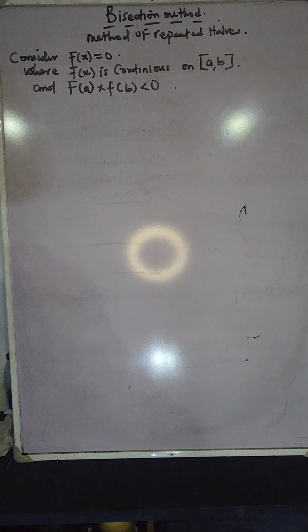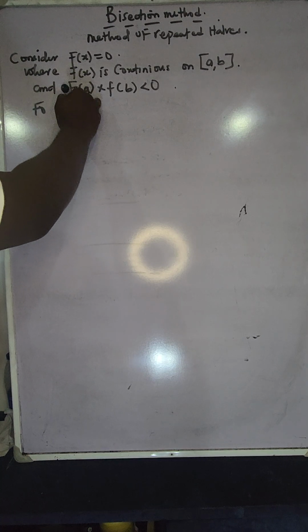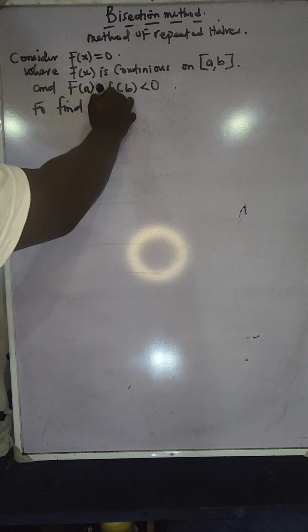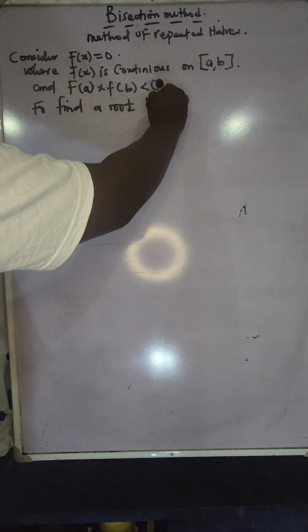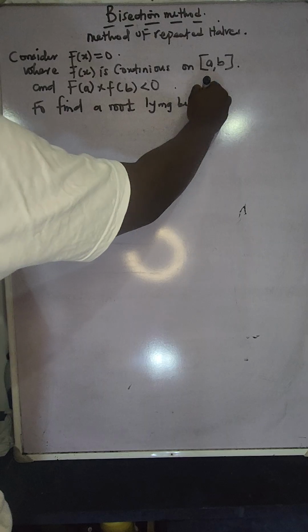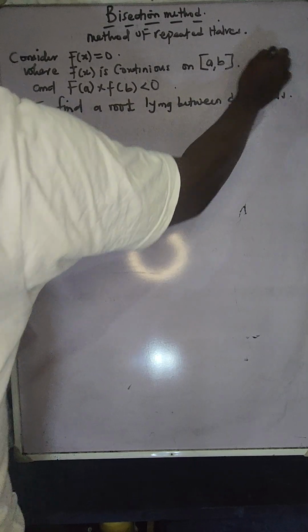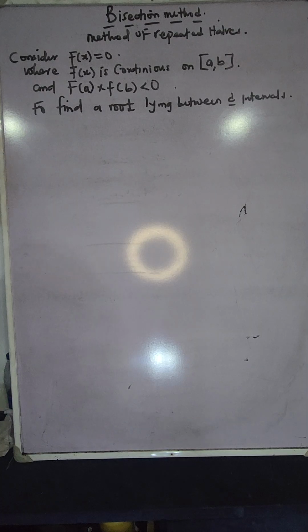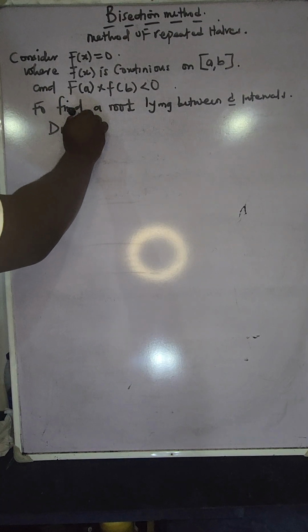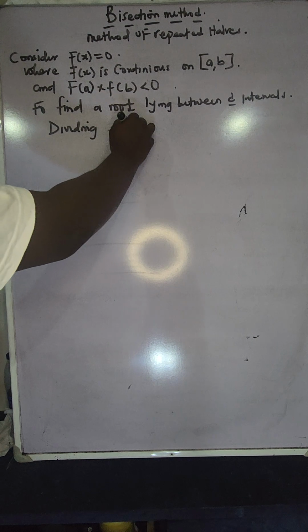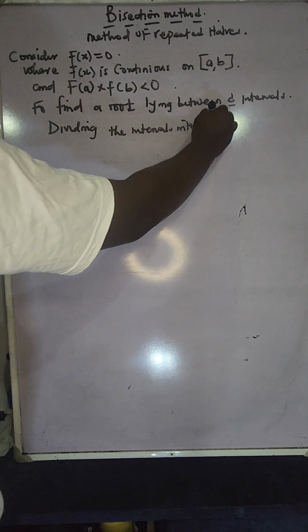So it means that to find a root lying between the intervals, we shall be dividing the interval into halves.